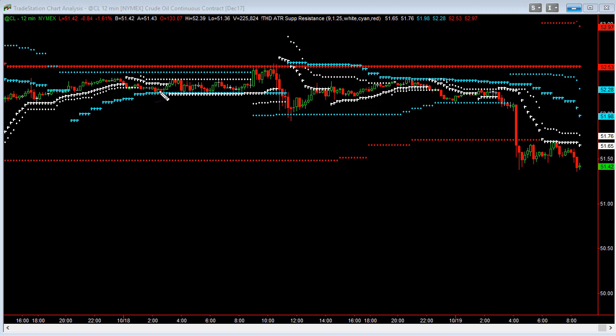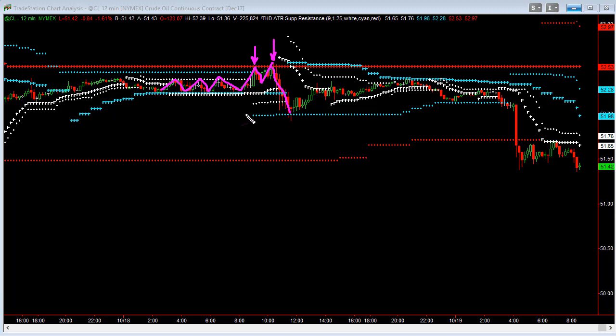You can see that it was within this little congestion zone here, and it had come up and tried to test the ATR here, and it could not break it. Then it came down and went back up and tested it. And it was at this point I actually anticipated the market to go down. The crude oil inventory was released right after this bar here, and of course it did go down.